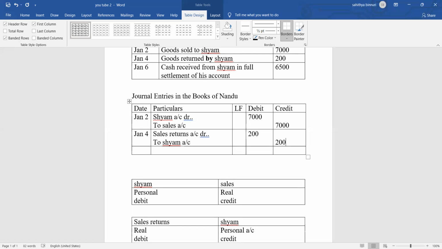Full settlement means that whatever amount you have received that day, the account is settled there itself. So the transaction says that on January 6th, from Sham, you received 6,500, because till now you did not receive anything. On Jan 2nd, it was a credit sale. On Jan 6th, he is coming and giving you the amount related to Jan 2nd.